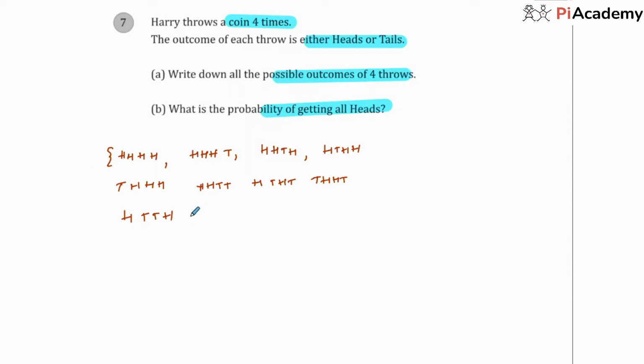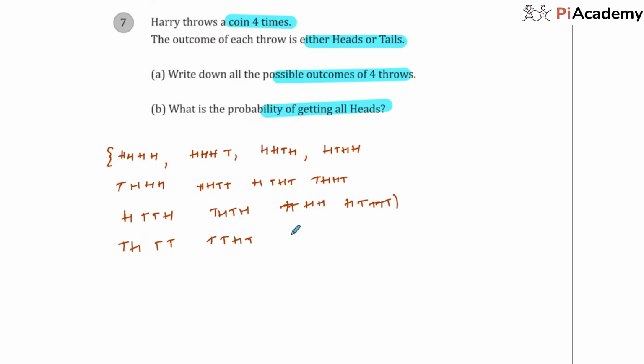What else, guys? What am I missing? Go ahead, please help me. Tail, head, tail, head. Tail, tail, head, head. Come on, Shoaib, go ahead. Head, tail, tail, tail.